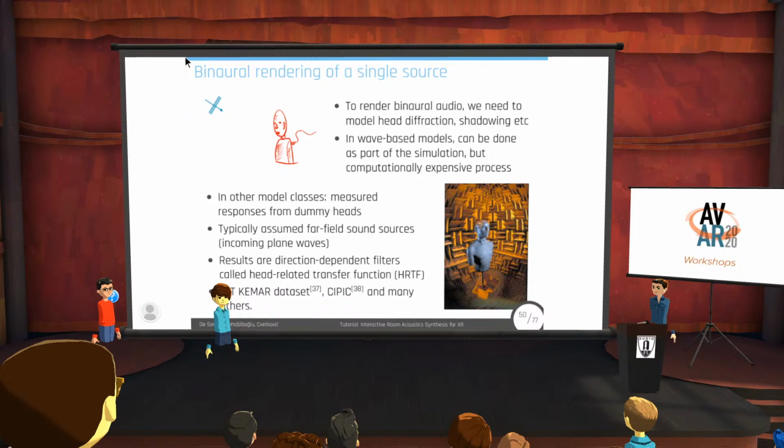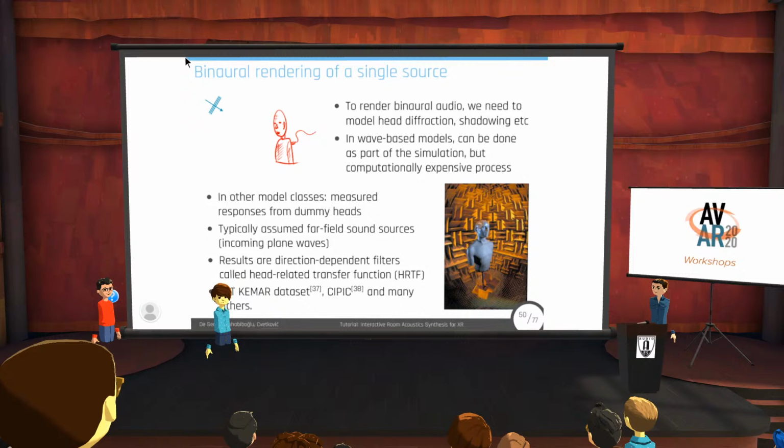These effects can be modeled via computationally expensive wave-based models, which are not preferred in general in interactive contexts. A more usual approach is measuring responses from binaural microphones or actual people, using the assumption that the acoustic paths between a source and the ears can be considered linear and time invariant. The measured transfer functions, called the head-related transfer function, can be used to simulate the effect of a single sound source in free field.